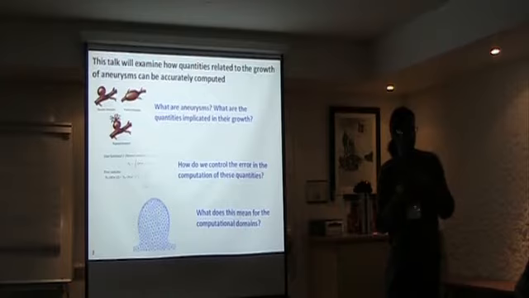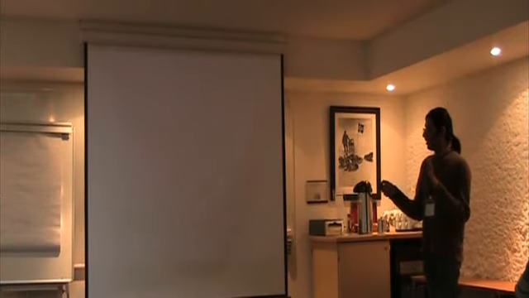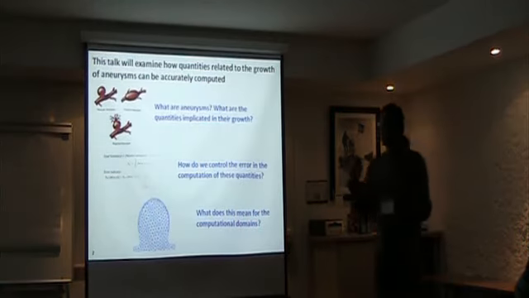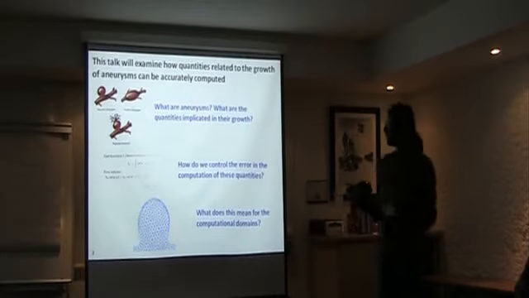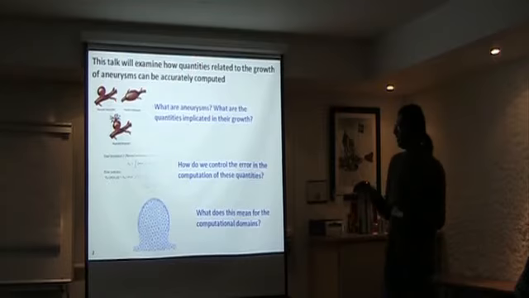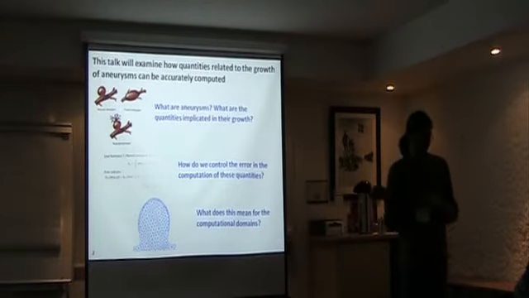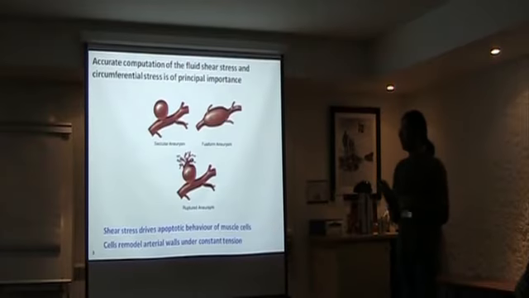And I'm going to describe the central aspect of this work, which is essentially error controlling these equations such that the quantities that we care about are accurately calculated. And finally, I'm going to talk about some interesting things that pop out when we apply this mathematics to this current problem of interest.